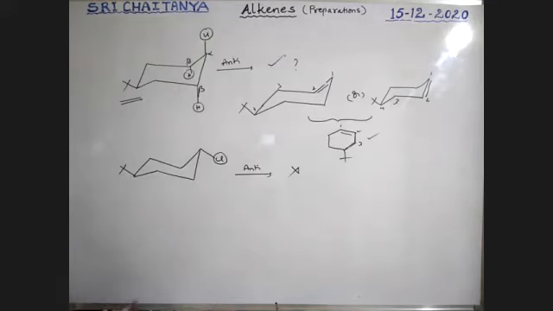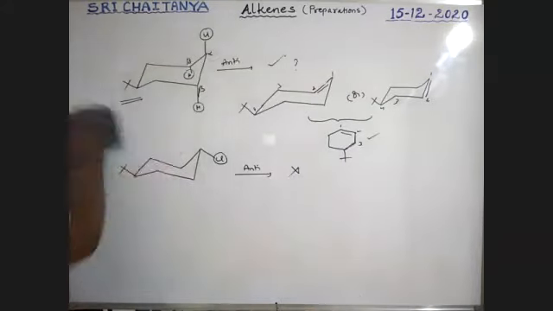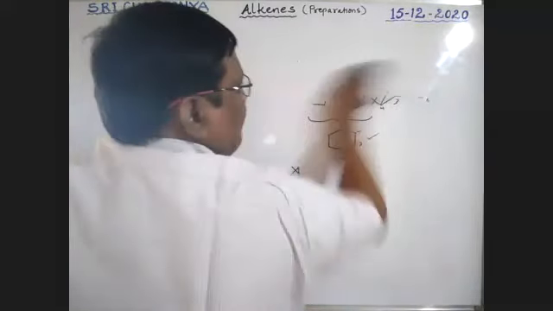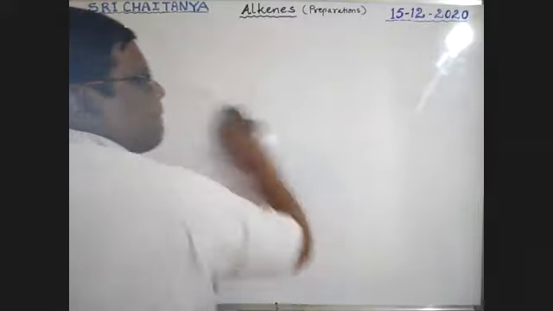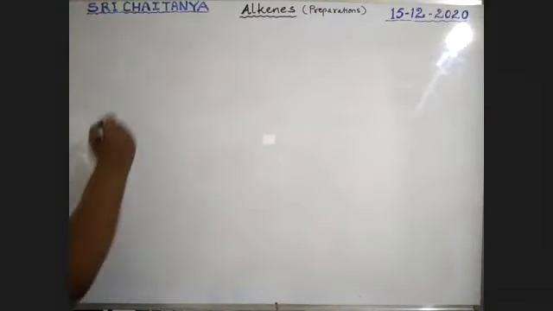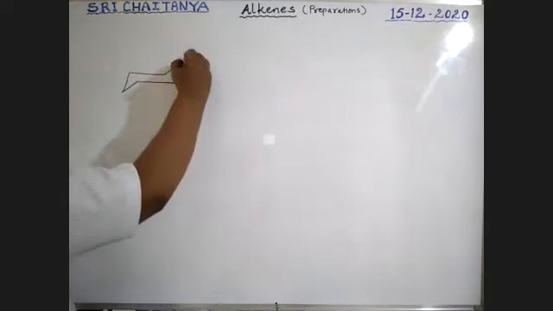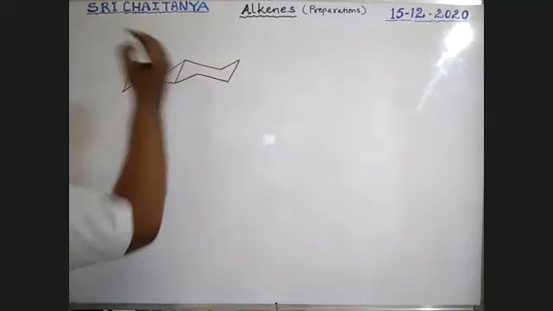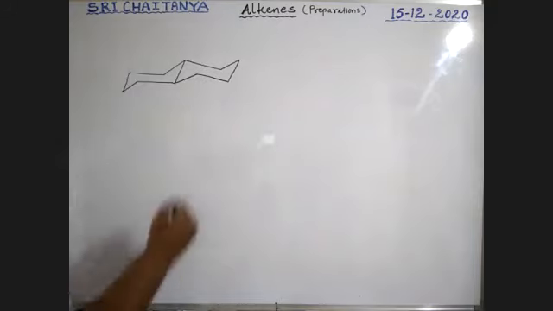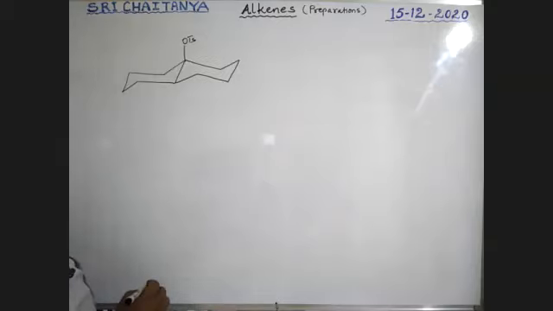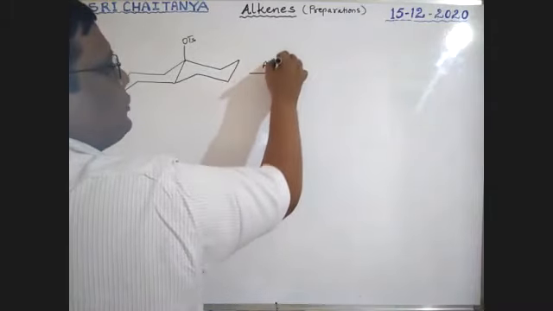Next. See here, boys. This is decalin. Here OTs, the tosyl group, is the best leaving group. OTs is at axial position. Now, is anti-elimination possible or not possible?